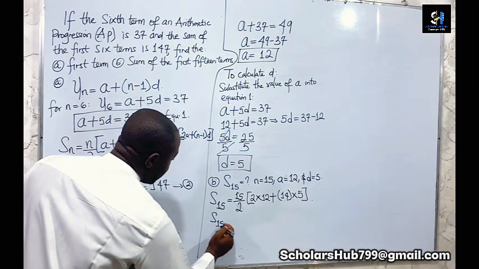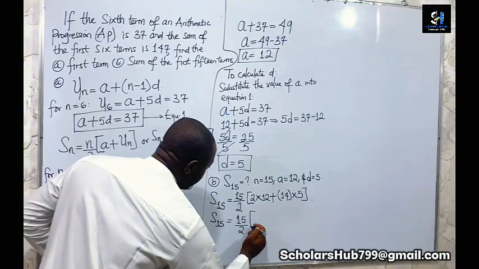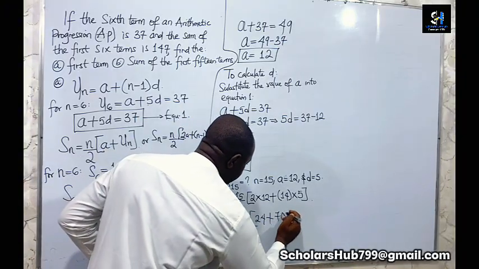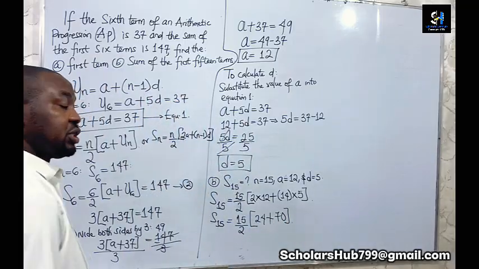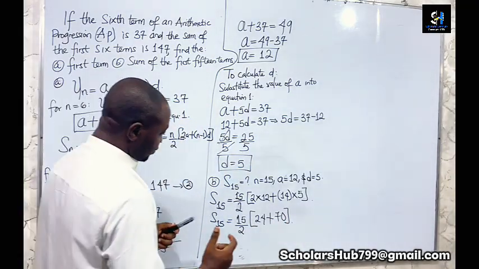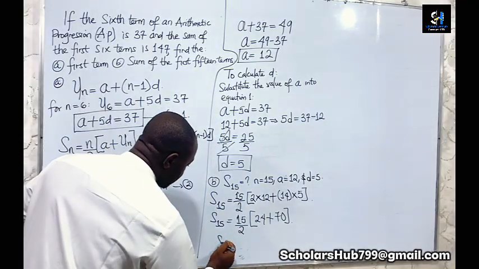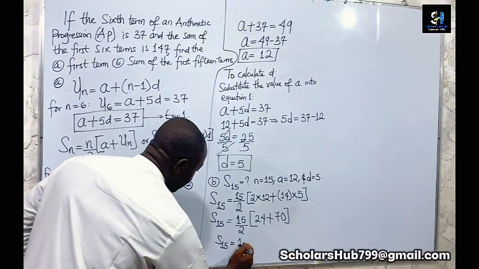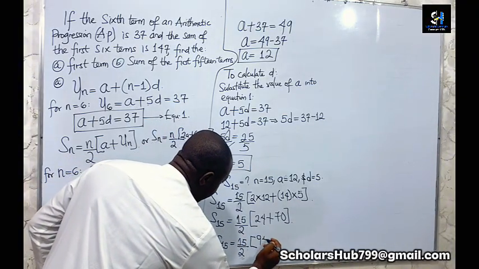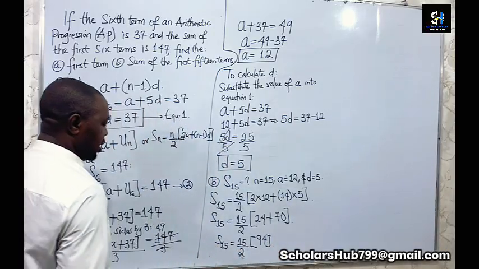So s subscript 15 will be 15 over 2 multiplied by 24 plus 70, because 14 times 5 is 70. So 70 plus 24 will be 94. So s subscript 15 equals 15 over 2 multiplied by 94.